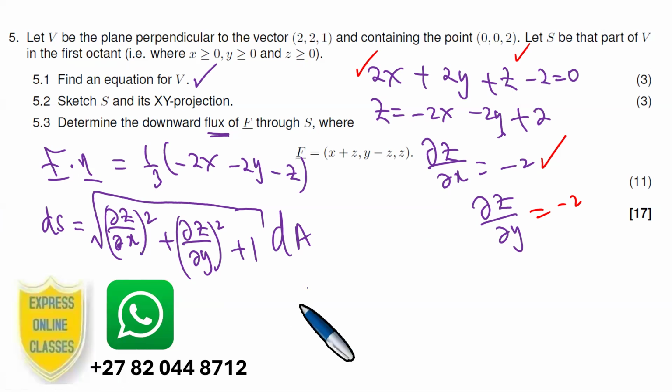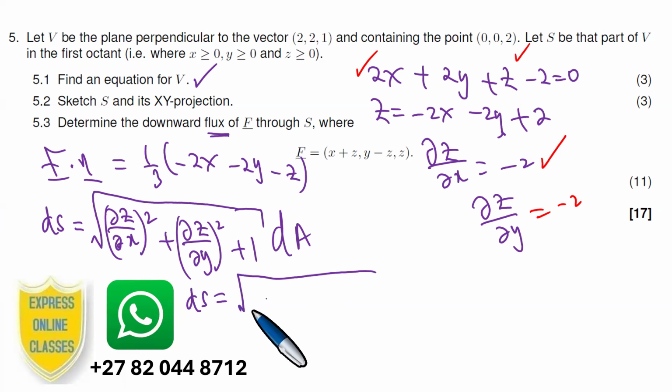Okay. At this point, we proceed to say dS. So this one is minus 2, you square it.